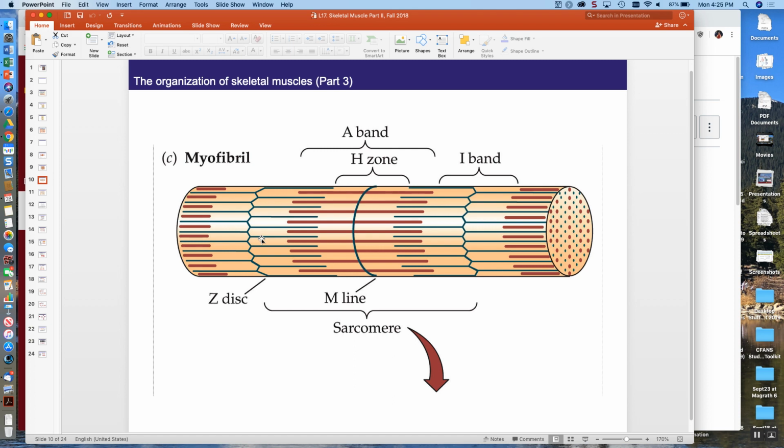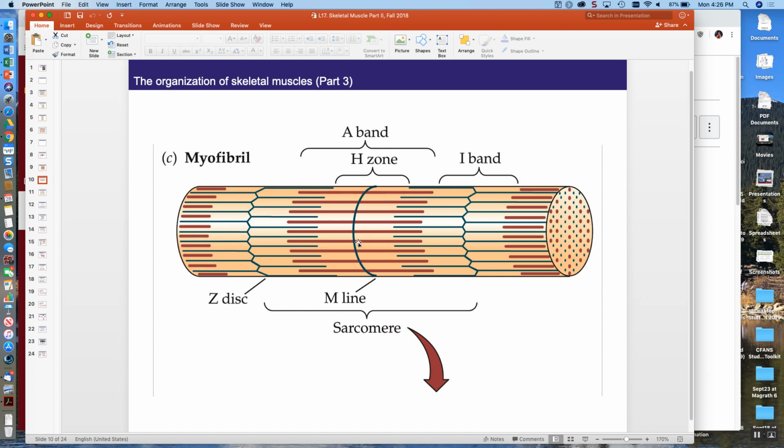The thick filaments, or myosin filaments, are the red here. From Z disc to Z disc, you can see this right here, that is the sarcomere. That's a single unit of contraction.